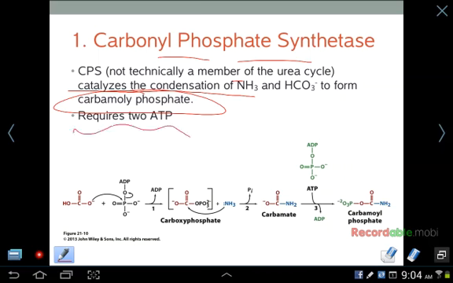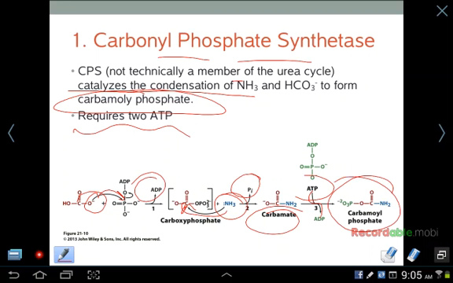So we can see first our oxygen is going to attack the phosphate oxygen bond in ATP. We release ADP. Then we're going to have ammonia attack our carbon, releasing inorganic phosphate, and now we've got carbamate. Another molecule of ATP is used to transfer phosphate over to make carbamoyl phosphate.